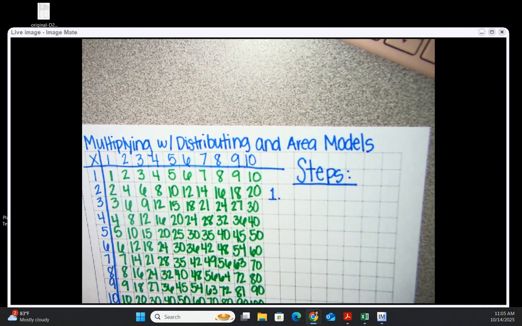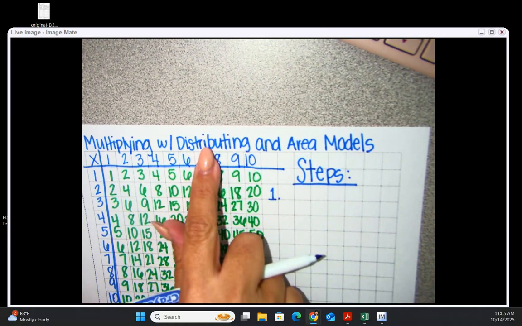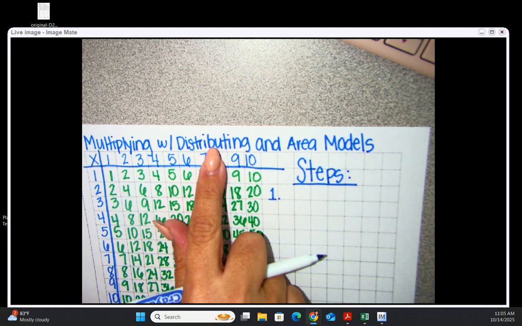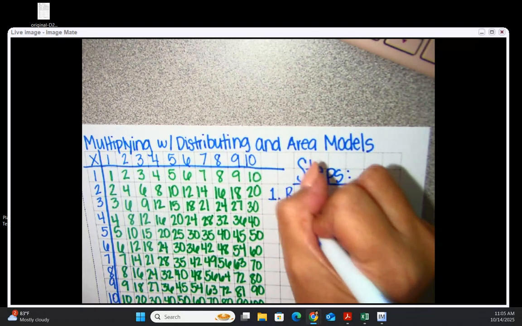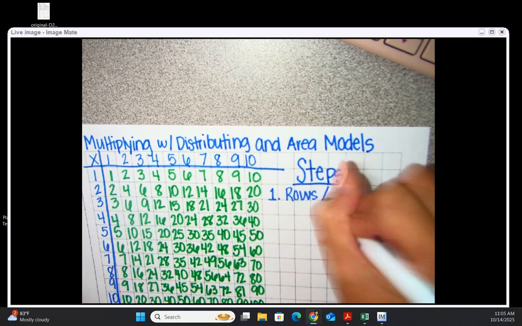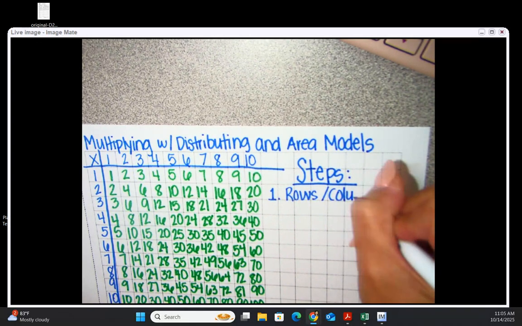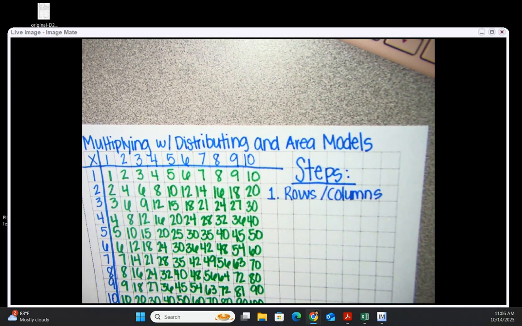Step number 1. When I'm going to multiply using my distributing strategy or my area model strategy, I need to figure out which are my rows and which are my columns. Good job. You can take a little break.